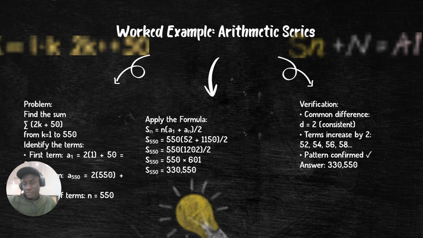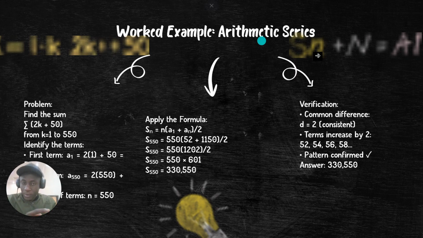So identify the terms first. First term is equal to 2 into 1. Remember, k is, let me tell you, first term k is equal to 1, second term k is equal to 2, up to 550. Now it is multiplied by 2, and you proceed.